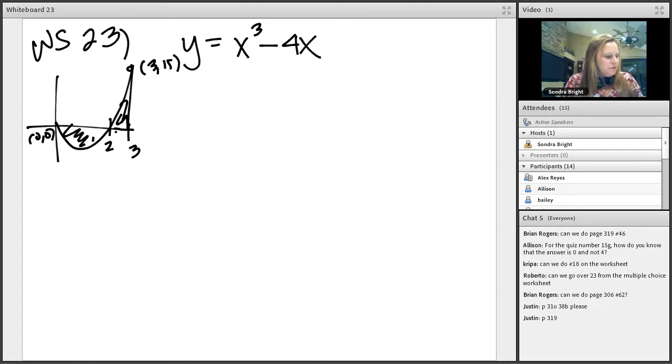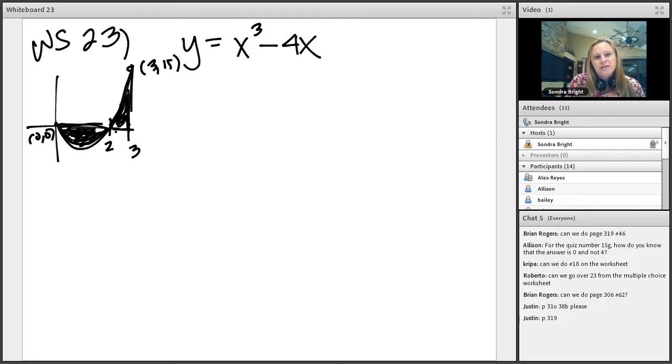Okay, so to find the area, you're going to use integrals, but you've got to split it up because you've got this area below the graph, right? So that area will end up being negative when you take the integral of it from 0 to 2, and then you need to also add it to the area from 2 to 3.